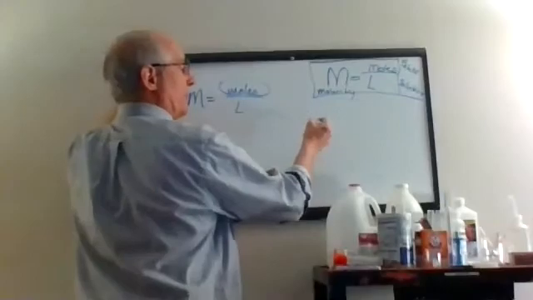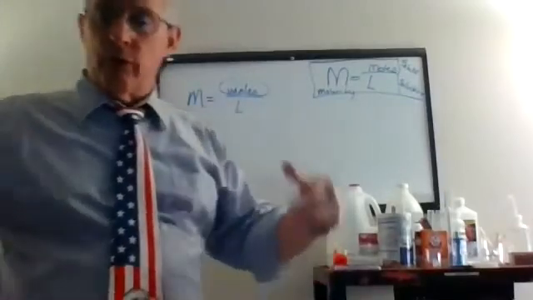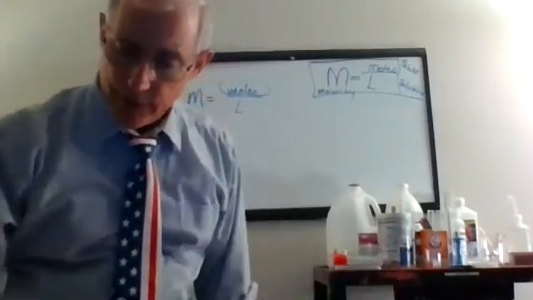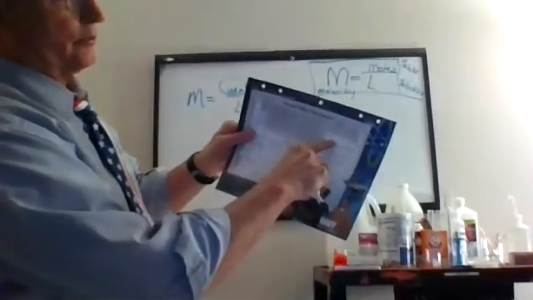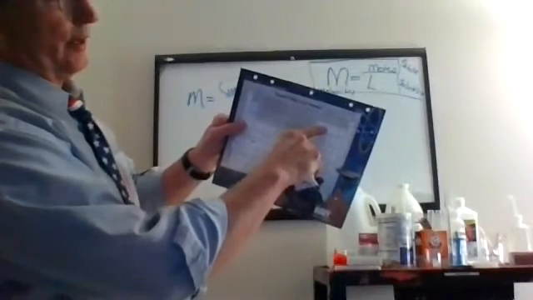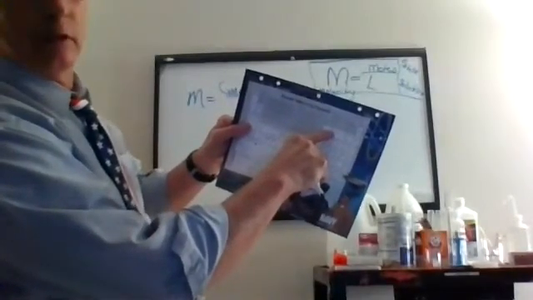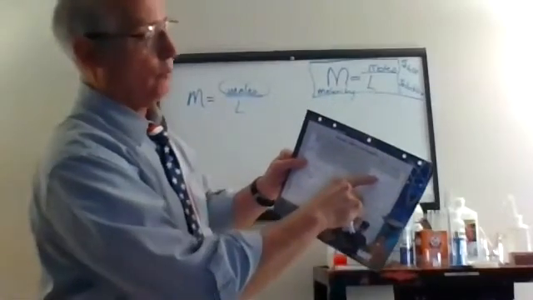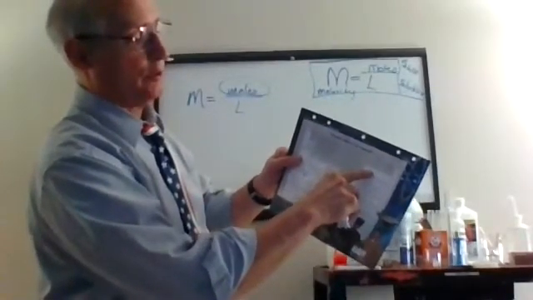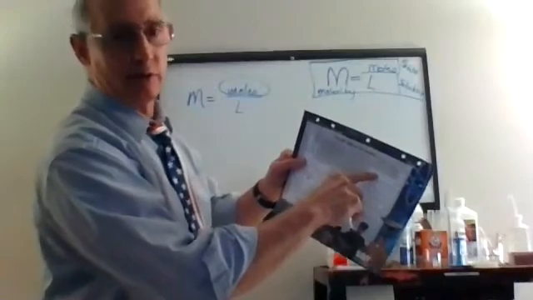Well, let me ask, how many moles of carbon do you have if I give you 24 grams of carbon? Well, what's 24 divided by 12? Is it 2? You have 2 moles of carbon. If I give you 12 grams of carbon, that's 1 mole. If I give you 24 grams, that's 2 moles.